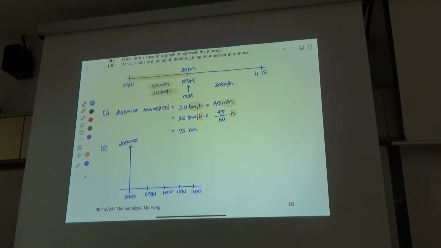Let me extend this time. And then 11:30, since we need to cover up to 11:15. And we see that the distance traveled is already up to 15 kilometers. I'll give you the scale in a moment. I'm just planning it out here first.